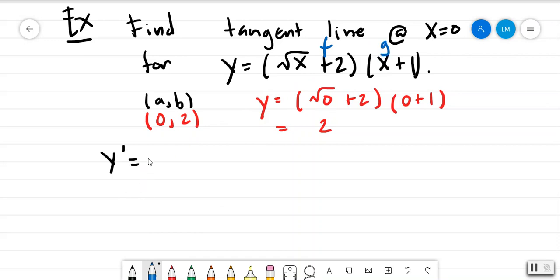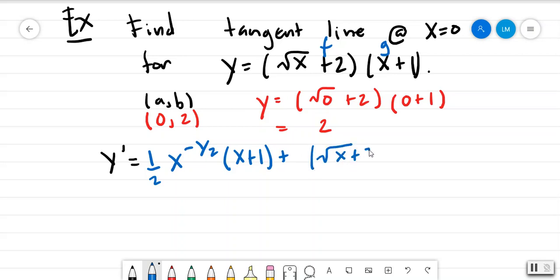So I have 1/2 multiplied by x to the negative 1/2, multiplied by x plus 1, plus the square root of x plus 2 multiplied by 1 also.